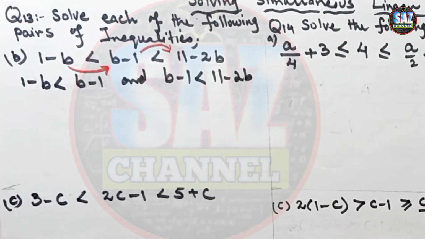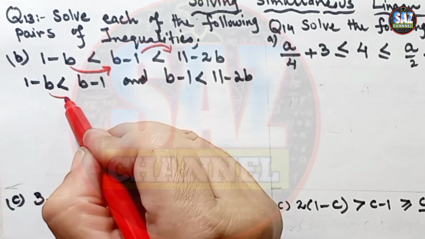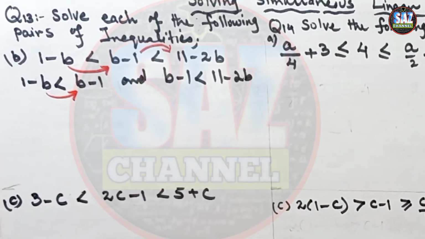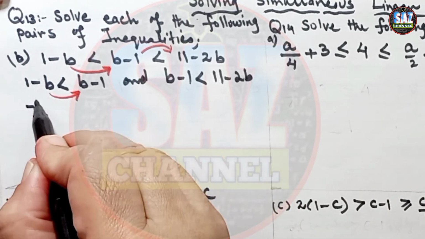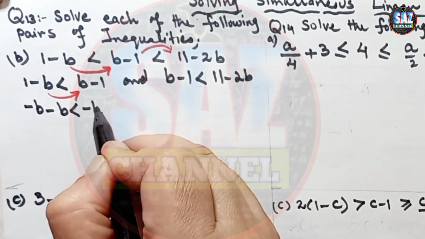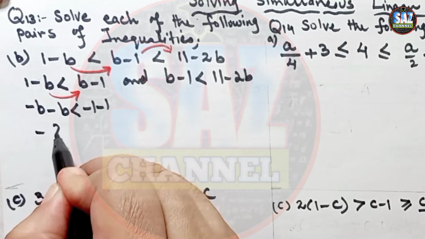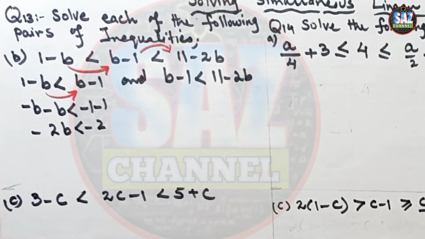Now we can see the letter that we want to make the subject of the formula is on both sides, so we have to shift it to the same side, preferably the left hand side. So minus b is less than minus 1, or minus 2b is less than minus 2. Now I need to find the value of b.